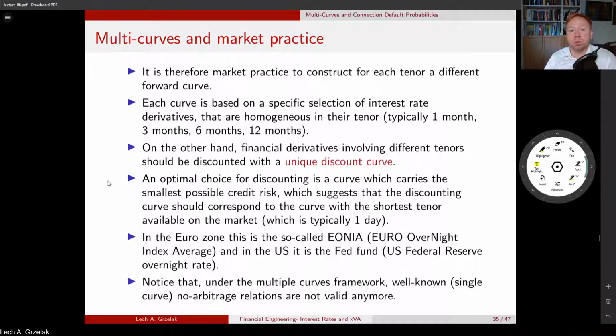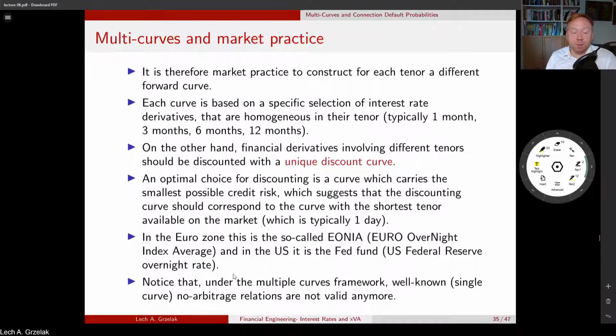So the risk premium should be the lowest. And of course, that suggests that the discounting curve should correspond to the curve with 1 day. In the Eurozone, this is called EONIA, the Euro Overnight Index Average curve. And in the US, it is the Fed Funds rate, so the US Federal Reserve overnight rate.